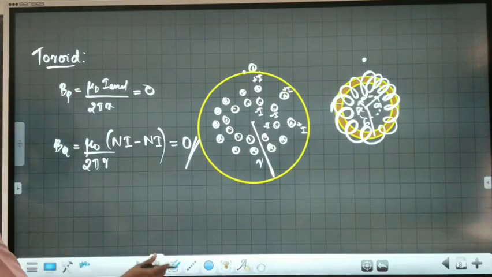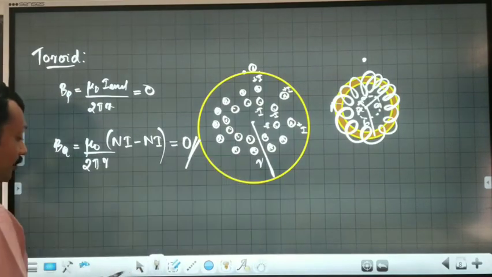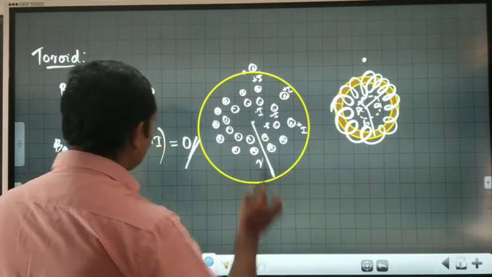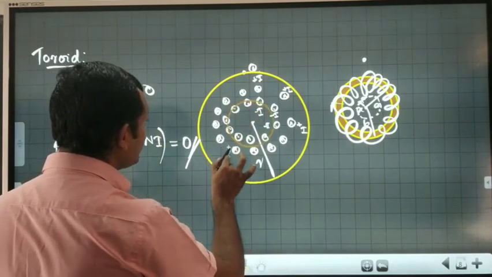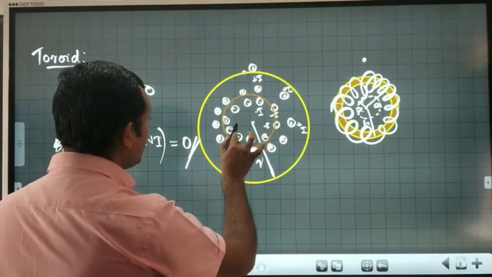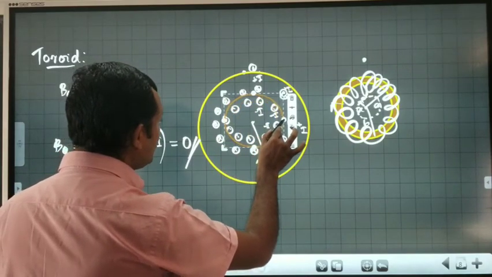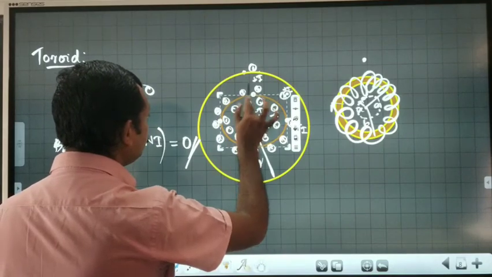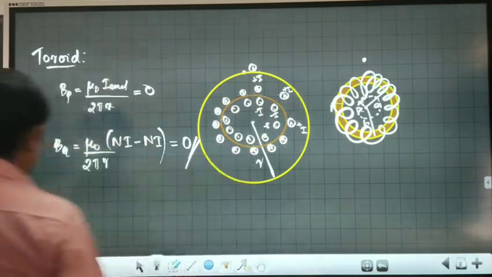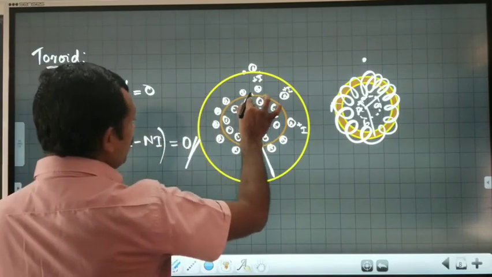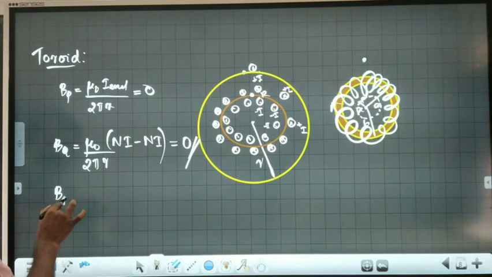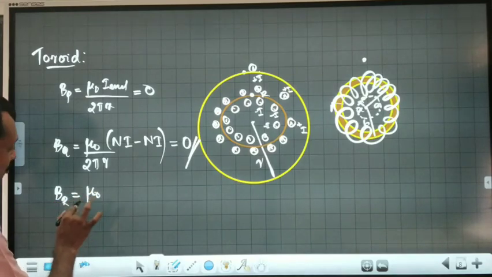Then where is the magnetic field confined? That is where you have to understand, as you have seen with the solenoid as well. Now I am taking an Amperian loop inside this. If I take a point R dash here, the magnetic field at R dash is equal to mu 0 by 2 pi.